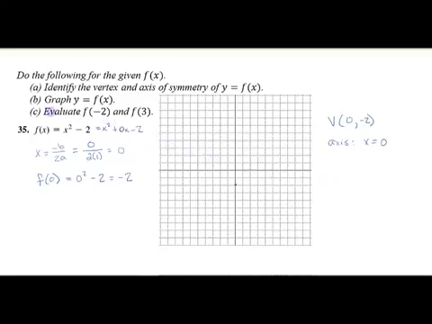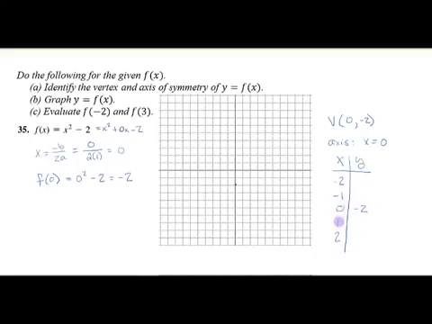And then we'll graph this. When we are making our parabola, we want to make the vertex the center point in our t-table. And we'll pick a couple of points on either side of that vertex. So let's go negative 1, negative 2 on this side, and 1 and 2 on that side.